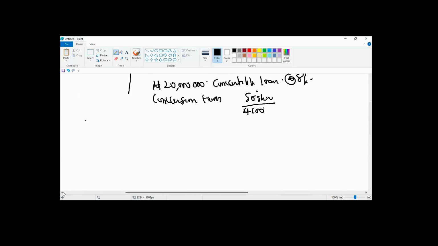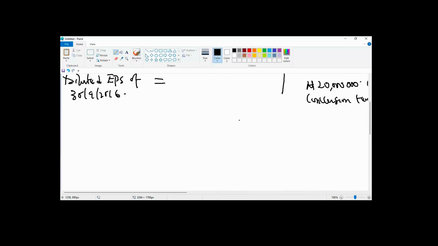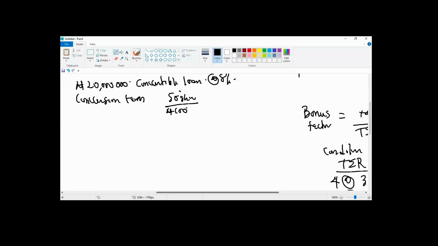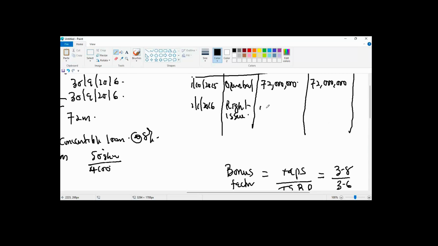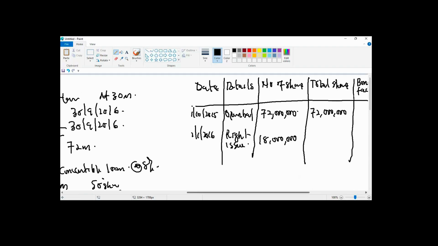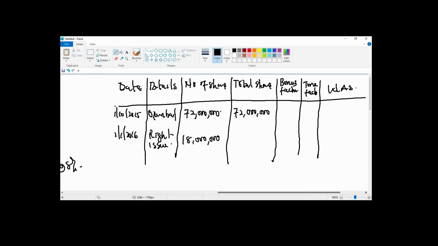Existing shareholders. So 18 million plus 72 million will give us 90 million. Then 3.8 must be given to the existing shareholders. I'll say 3.80 divided by 3.6.